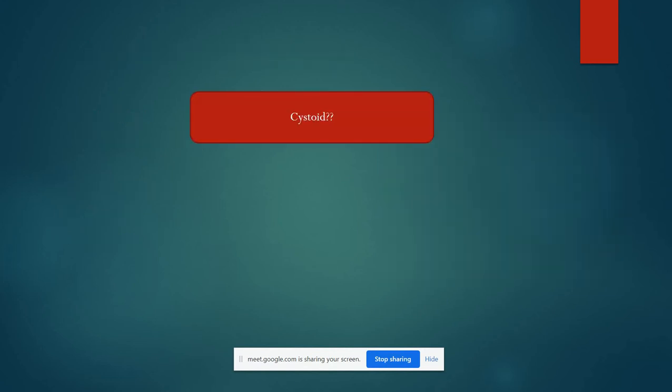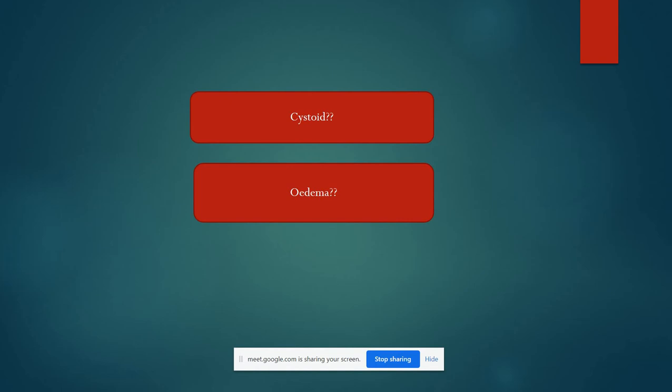So coming to cystoid and edema, as we discussed before in the previous classes, I have already explained the difference between cystoid and edema. What is a cyst? A cyst is a spacious cystic space, so there won't be much fluid filled, whereas edema is a swelling.